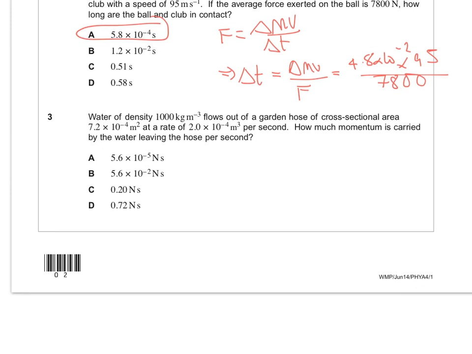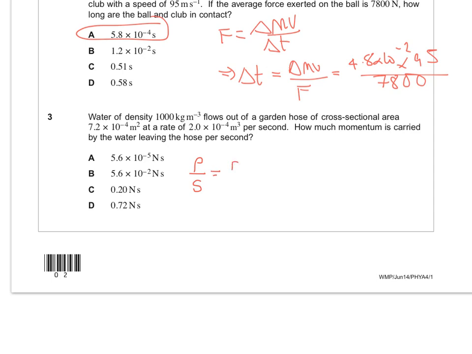Okay, so water of density 1,000 kilograms per meter cubed flows out of a garden hose of cross-sectional area 7.2 times 10 to the minus 4 meters squared, at a rate of 2.0 times 10 to the minus 4 meters cubed per second. How much momentum is carried by the water leaving the hose per second? So we're trying to get to momentum per second.